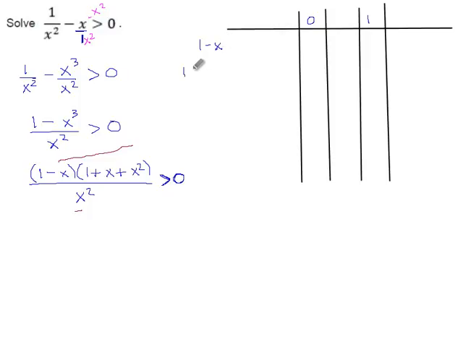We have 1 plus x squared. I have a feeling that's always positive, but we'll check it just to be sure. We have x squared. And when we're done with all of that, because I'm kind of hurting for space here, I'm just going to write f of x. We'll use the compressed version for the first time. So by f of x, I mean this entire left-hand side. So it'll be the first sign times the second sign divided by the third sign. And we'll see how that comes out.